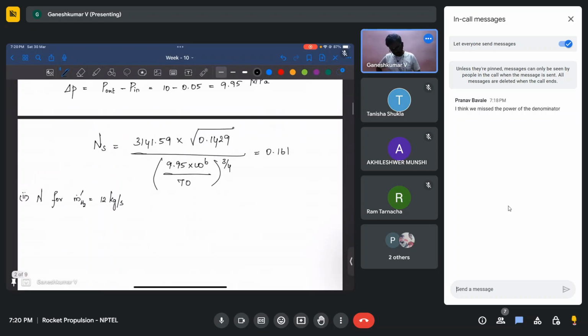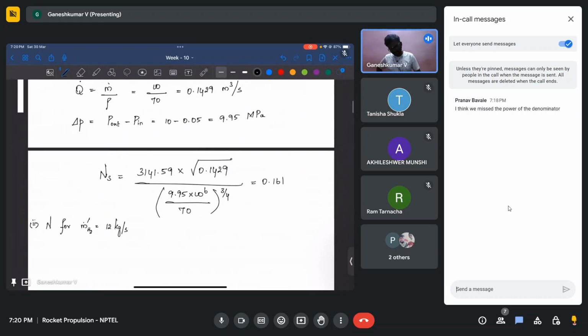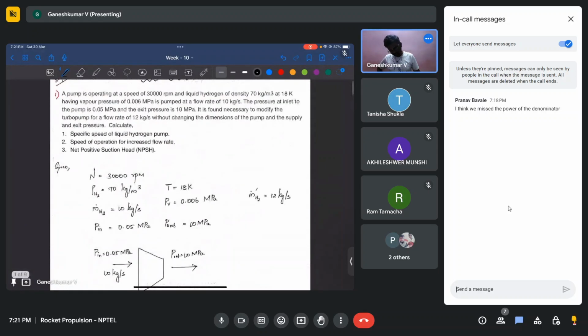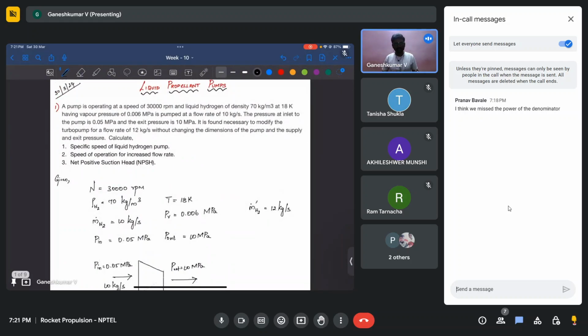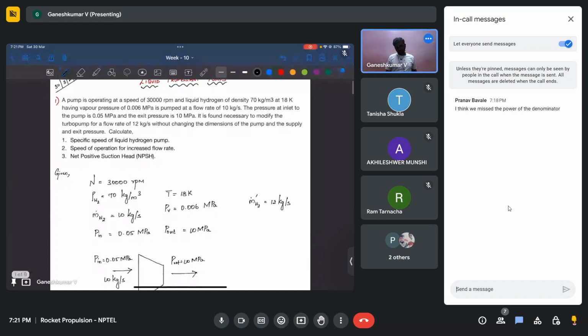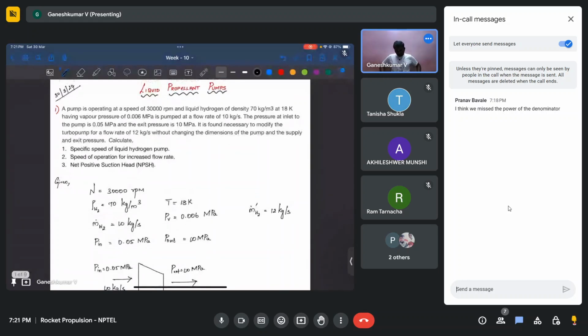So, how do we find that? What does this specific speed have to do with that? Anyone want to take a guess? What is given as 30,000 RPM is the same as what we are going to find out. It's already given.